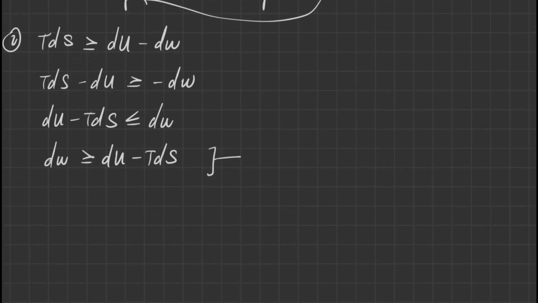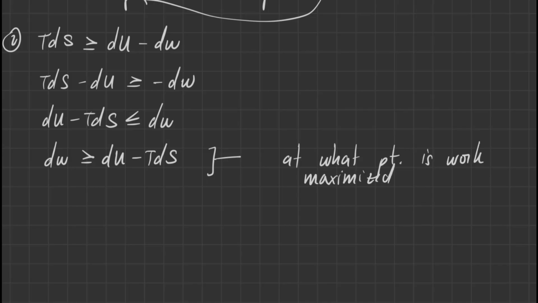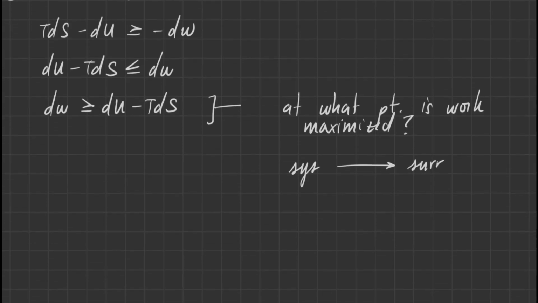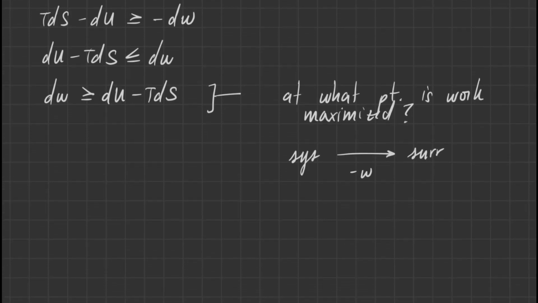Now the question is, at what point is work maximized? The standard convention is that when the system does work onto the surroundings, this is a negative w.